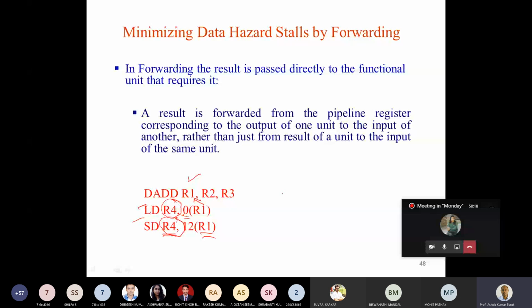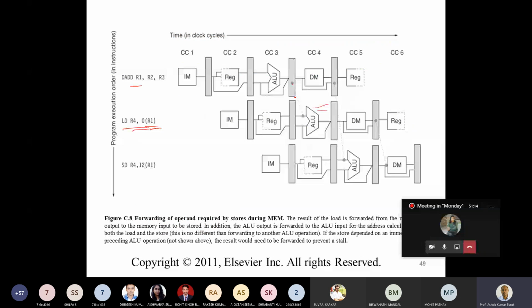Now the load instruction needs to compute the effective address in clock cycle 4. So it needs the value of R1, and the value of R1 is already in the pipeline register and is forwarded. With the help of forwarding logic, it can go to one of the inputs of the ALU, and the offset is already 0.